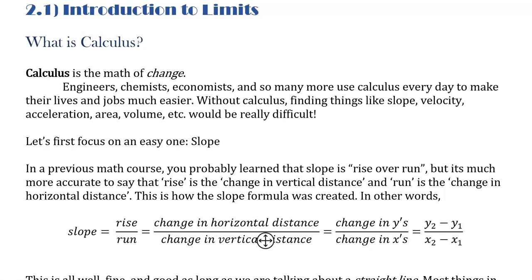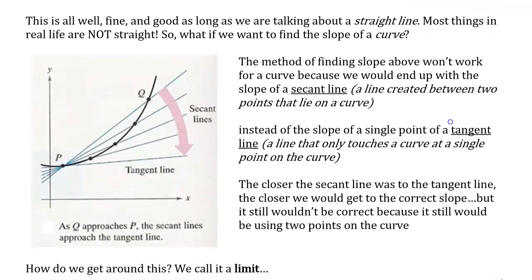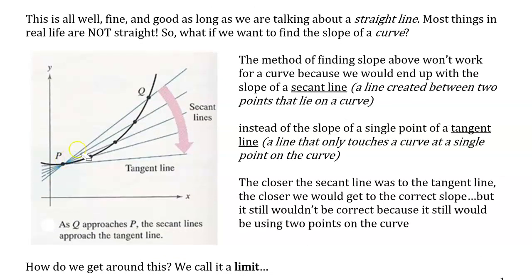Well, if we have a curve like here, and we have these 2 points, and we draw a straight line between them to find the slope, that's actually not the slope of the curve, is it? It'd be the slope of that straight line. So the closer the points are, so the closer Q gets to P, the closer we get to a tangent line. So these lines here that have 2 points are called secant lines, and the tangent line is the line that only touches the curve at that one point.